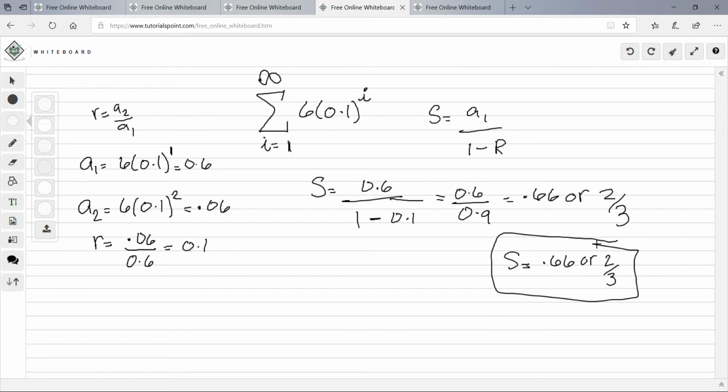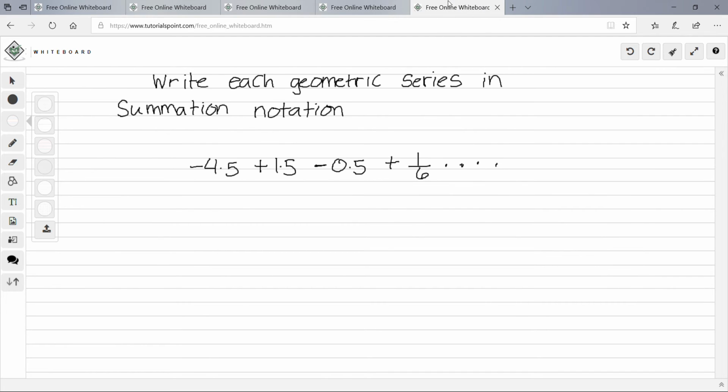Good. And then our last problem says, now we're kind of going backwards. It says write each geometric series in summation notation.